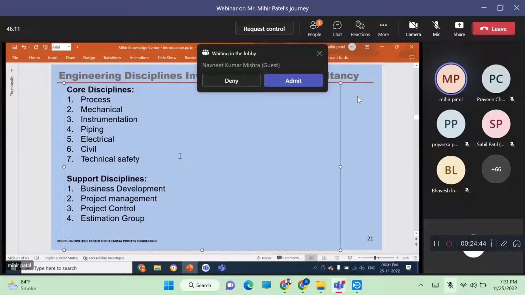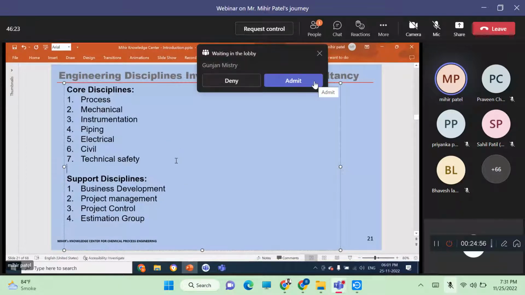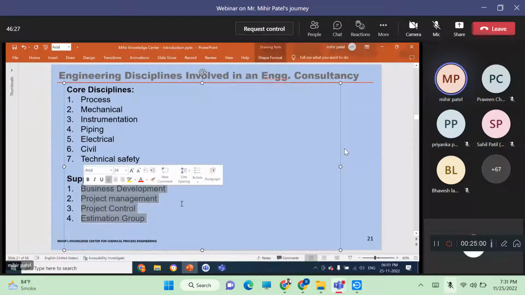Material engineers specify the corrosion and materials properties, especially nowadays with the vast range of chemicals, etc. So materials engineers are also very important here. And then these are the support disciplines basically. So this is a typical engineering consultancy composition.